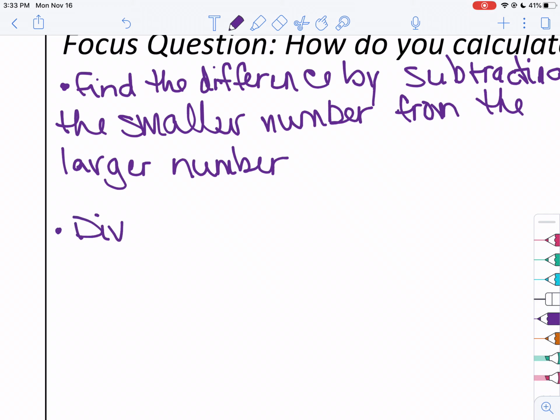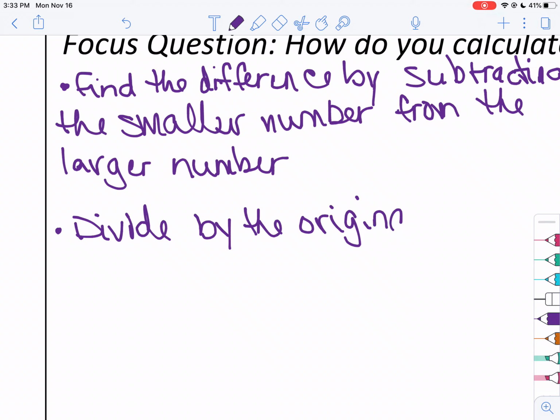Then we divide by the original. And lastly, we convert to a percentage.